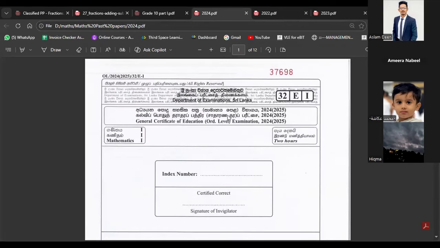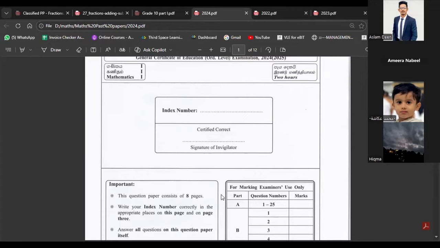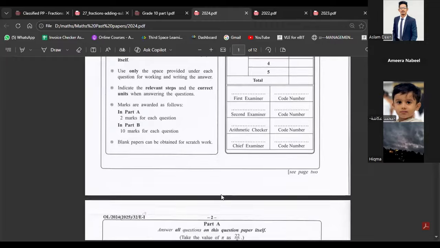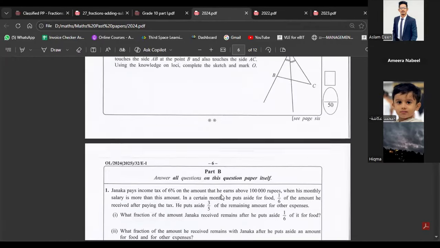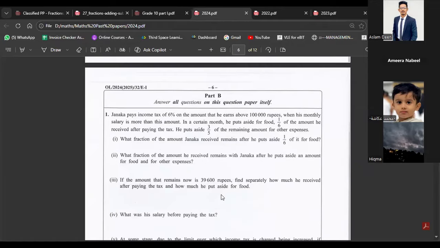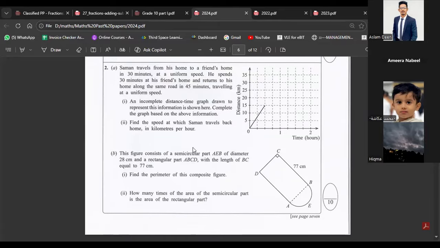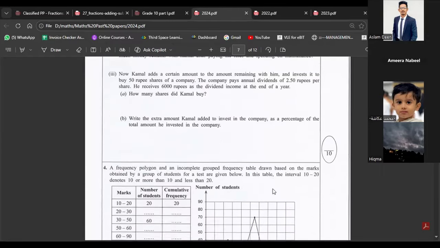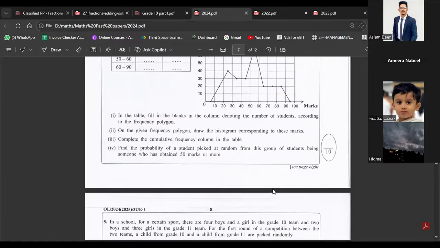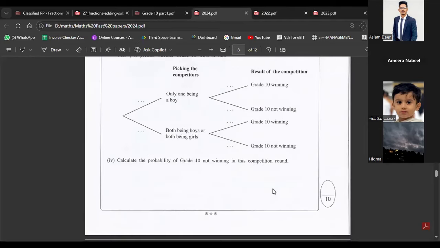And then we'll look into one more paper, the latest paper we have, which is 2024 paper. Okay. In this also the same thing. After first 25, we have the fractions question. Okay, here we have distance time graph and area perimeter question. We have percentage, data representation, and probability. All right. Are you all clear with the paper structure now?